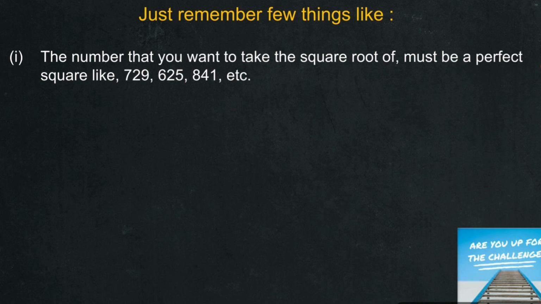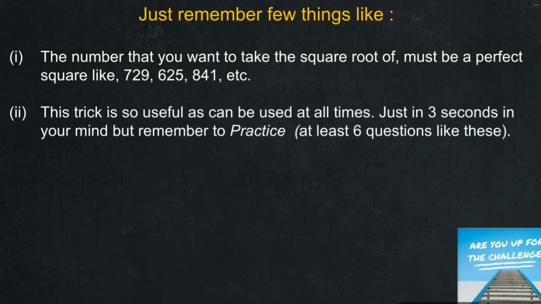Otherwise you need to do it with prime factorization, because the prime factorization way is always correct. And this trick is so useful at all times, because you can do a question in just 3 seconds. Till now you will be needing 5 or 7 seconds, but after a couple of practices you will be needing just 3 seconds.